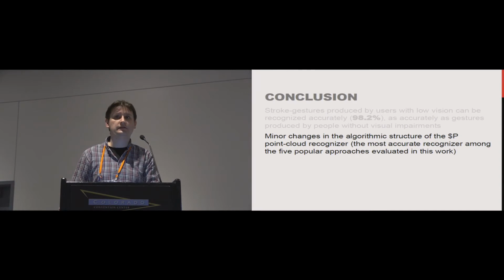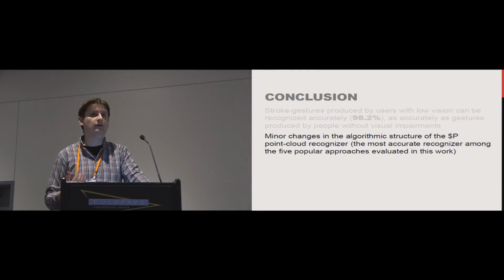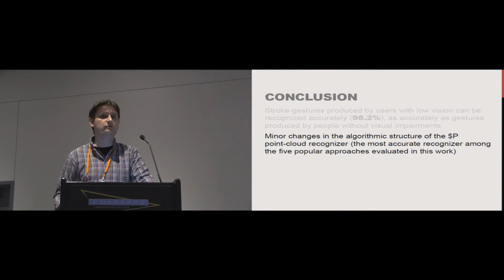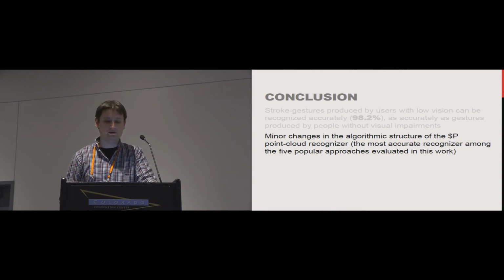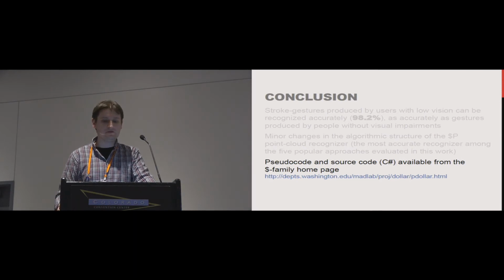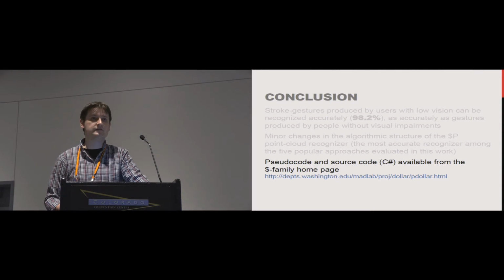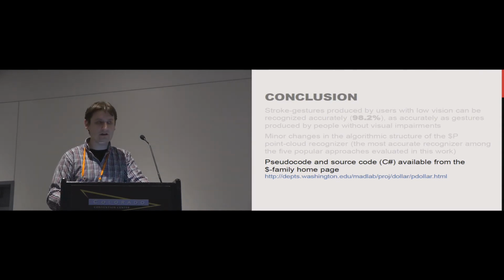And I also see this work as an example of how careful analysis of data collected from one specific population can inform better design, in this case of a gesture recognizer, to suit the variation in data produced by that particular population. And pseudocode and source code of this modified version of the point cloud recognizer will be available on the Dara family homepage.